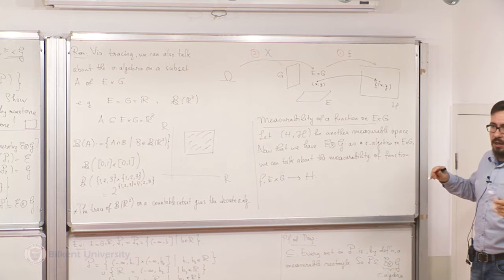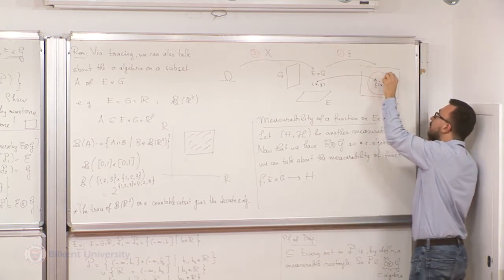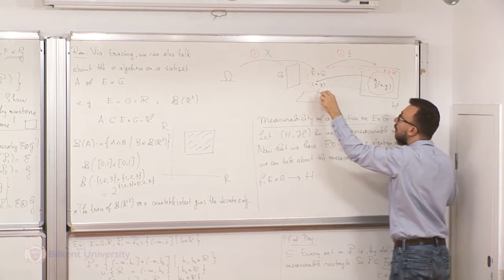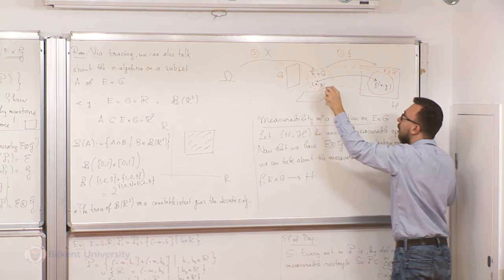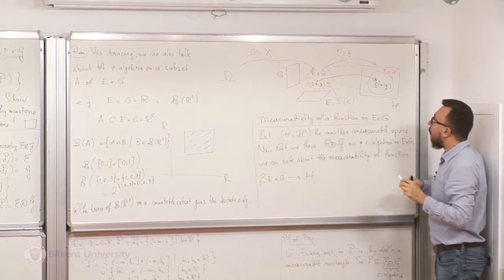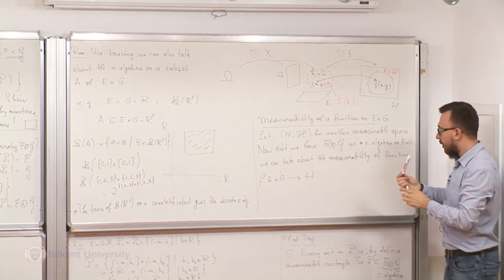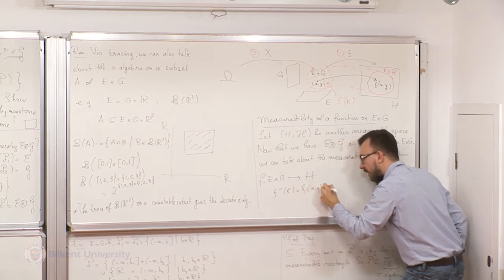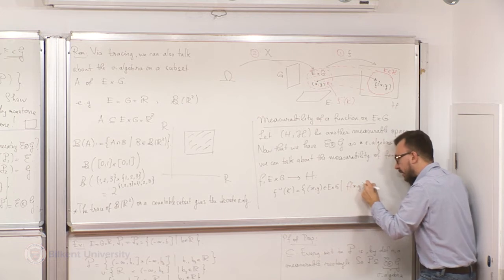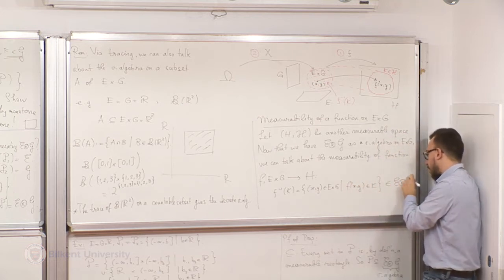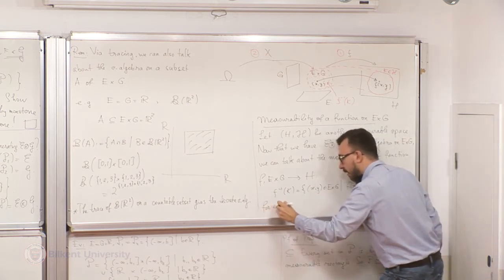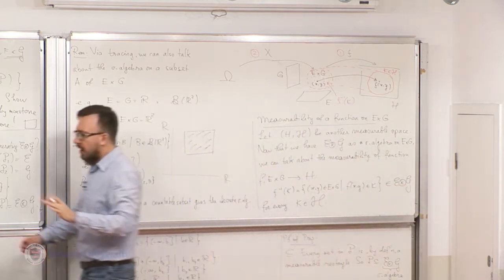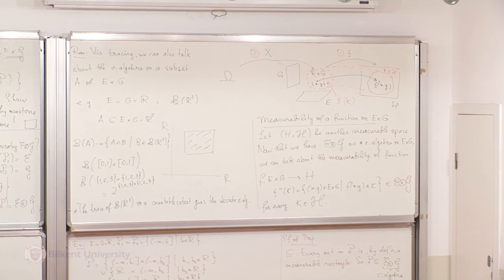The definition of measurability is something you know very well now, right? You just take a measurable subset of the image space and look at the pre-image. The pre-image of K with respect to F. So this measurability is simply F inverse K, which is the set of xy's for which f of xy is in K, must be measurable with respect to the product sigma algebra for every K in the sigma algebra of H. I just rewrote the definition of measurability for the special case where the domain is a product set, product space.